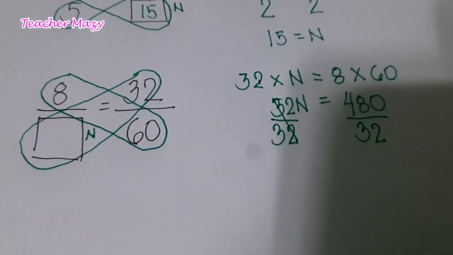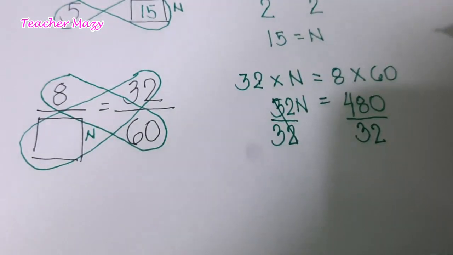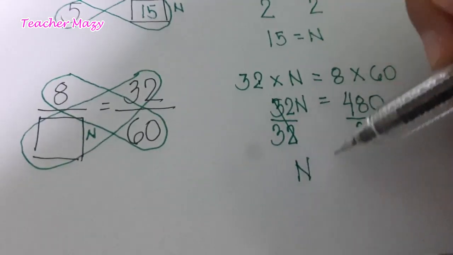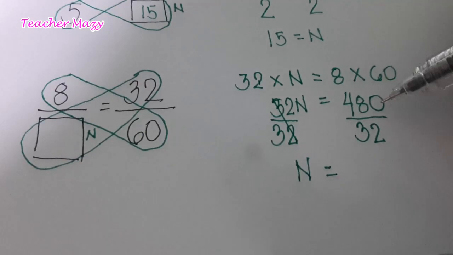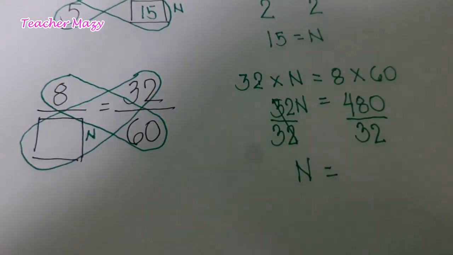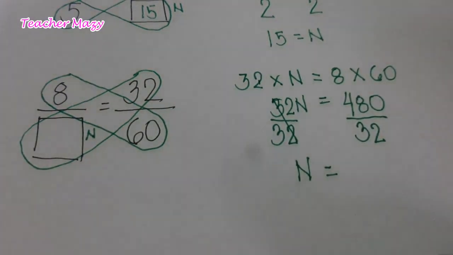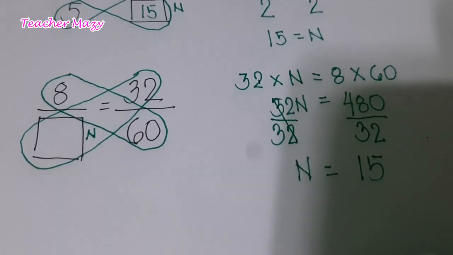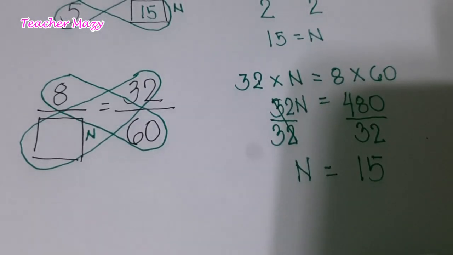What is left here is n, and then 480 divided by 32, that is 15. So our n here is equal to 15.